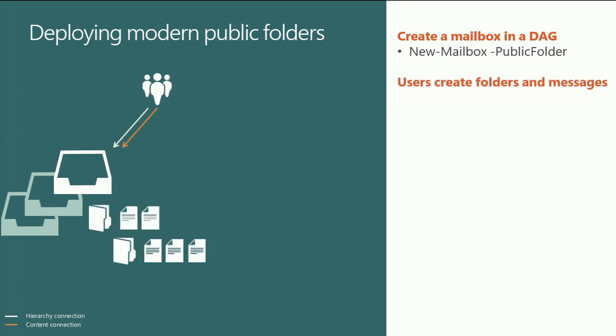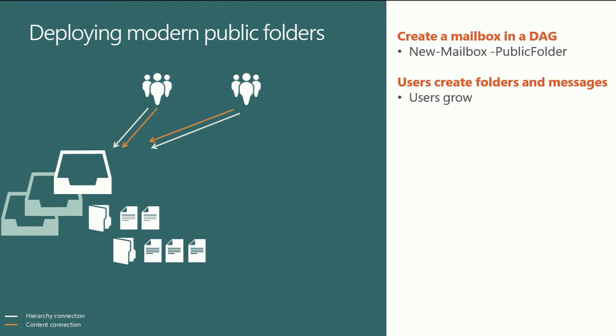OK, so now users are happy using public folders. They create folders. They also create content within the folders. And more users join the organization. So now you can see more white and orange arrows going to my one public folder mailbox.